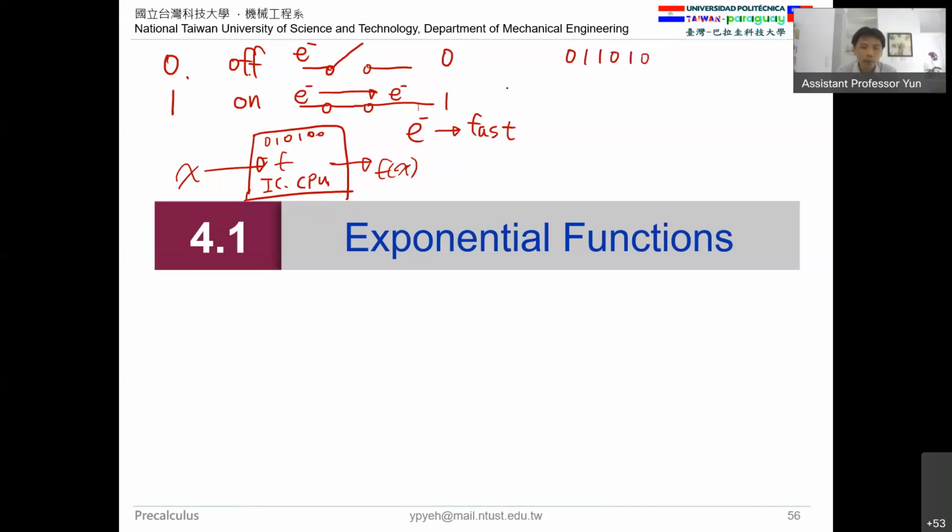So you can see the computer or the CPU has two choices, on and off, and then at each of those there are again two choices, on and off, and again on and off here.